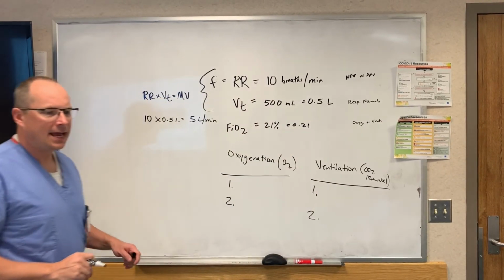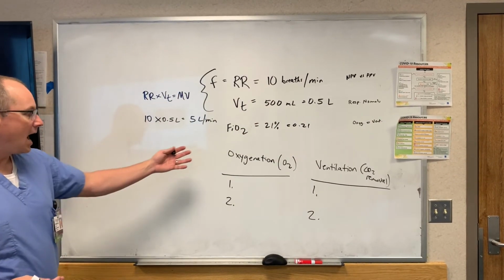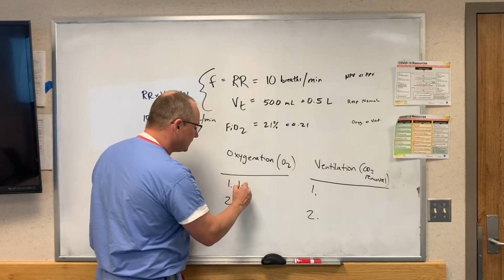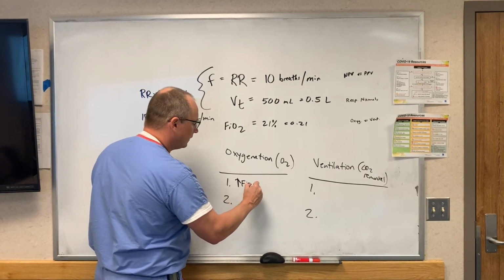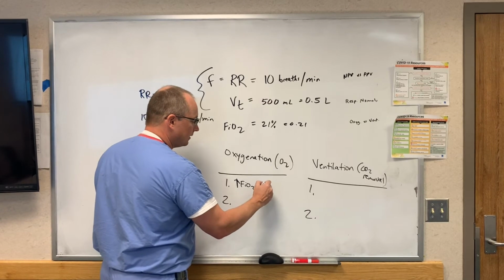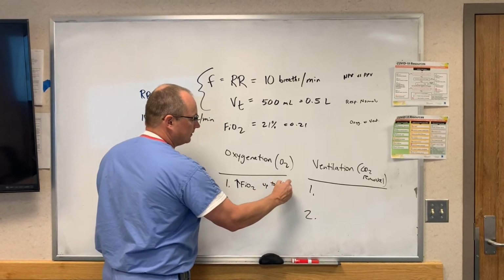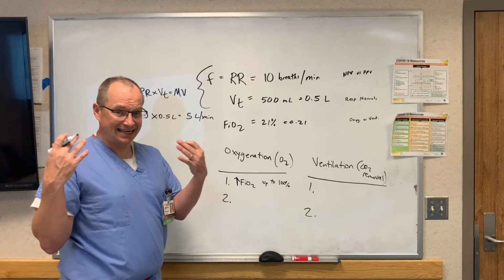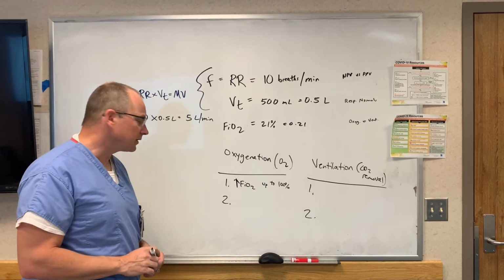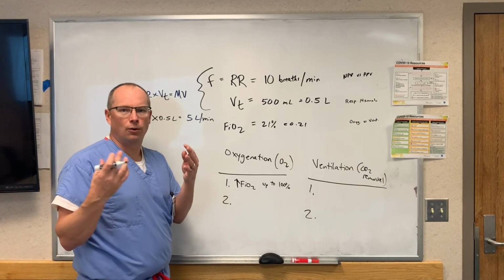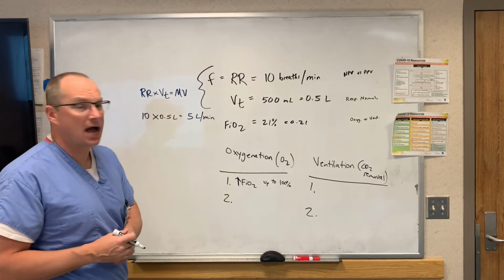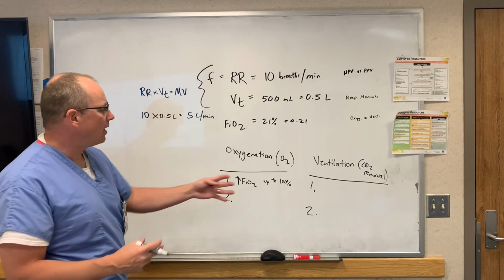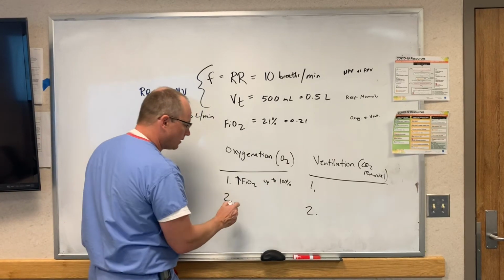Right? And taking a look at this, oxygenation, we can increase the FiO2 from 21% all the way up to 100%. There's also different ways we can give oxygen via nasal cannula or high flow nasal cannula, or Optiflow, or masks, or Venturi masks, or non-rebreather masks, and we can go up on a ventilator up to 100%.